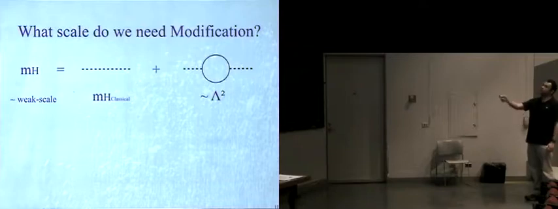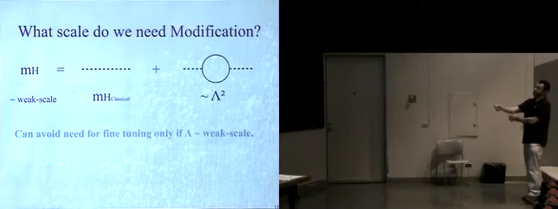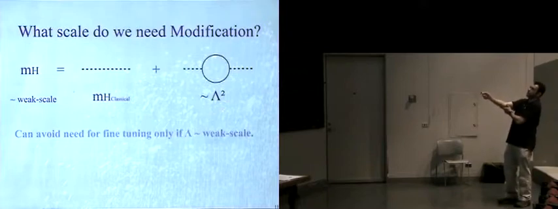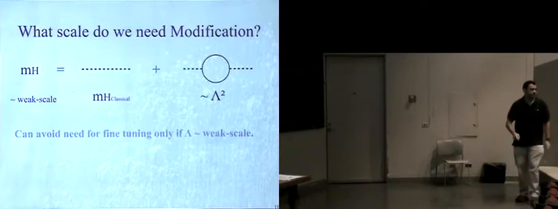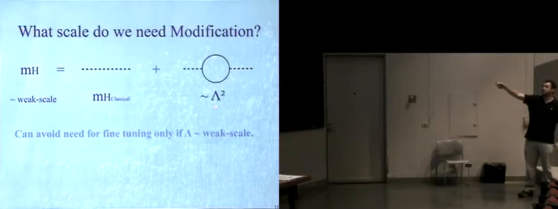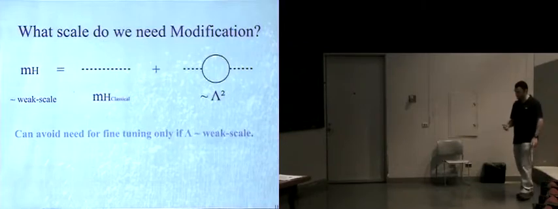And if we don't want to have fine-tuning, so if we don't want these numbers to have to cancel very, very accurately, you can say what this number should be, right? And so we can only avoid fine-tuning if this cutoff scale is about the weak scale. Because if this was the Planck scale, then we need fine-tuning at one part in 60. These 2 need to agree to 60 decimal places.